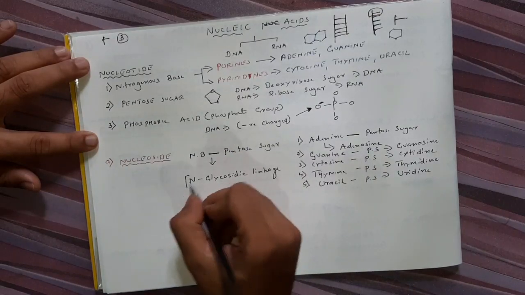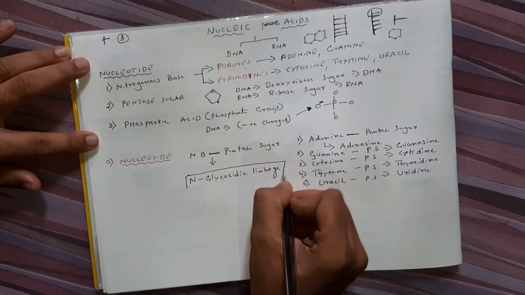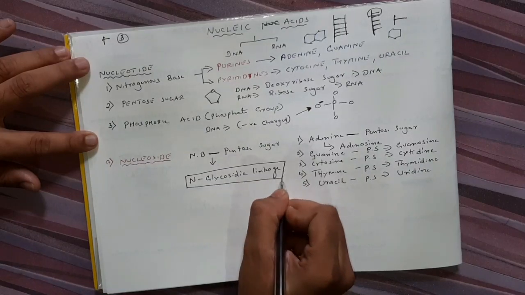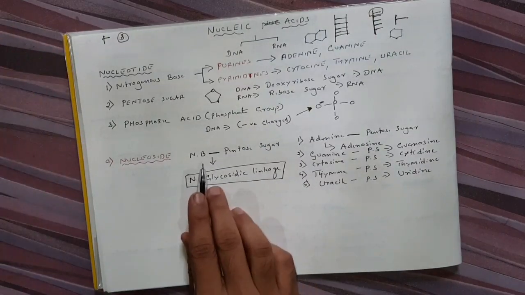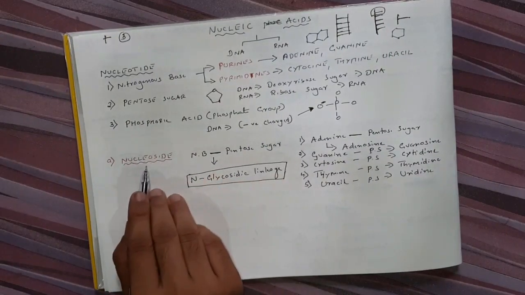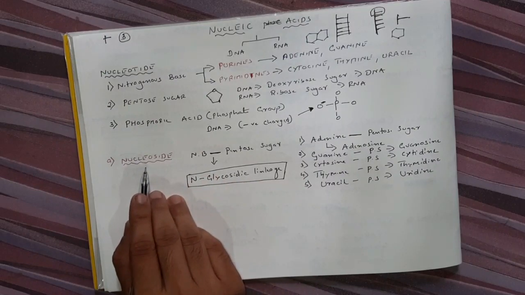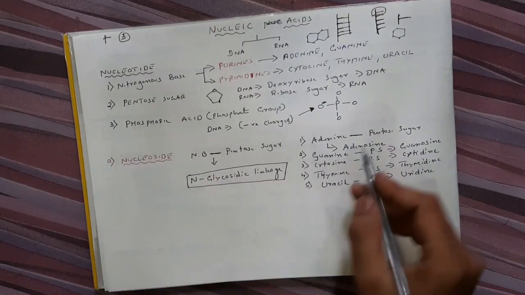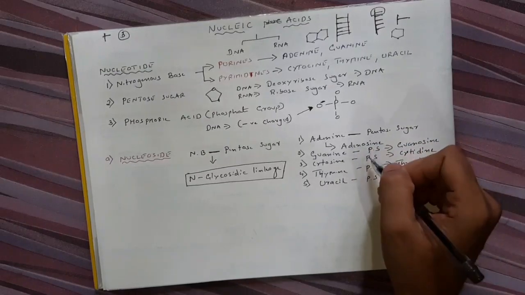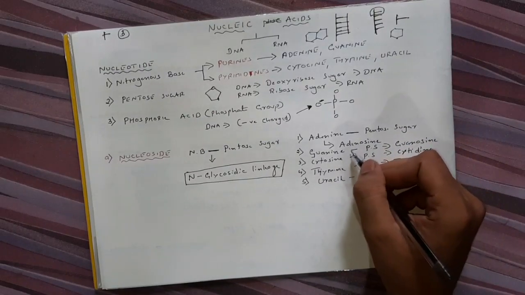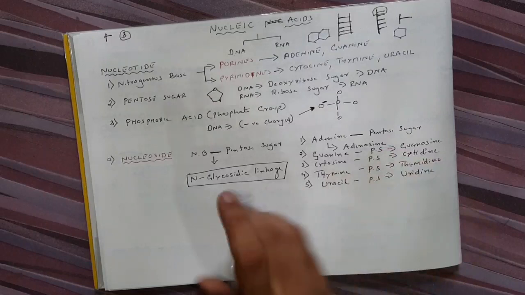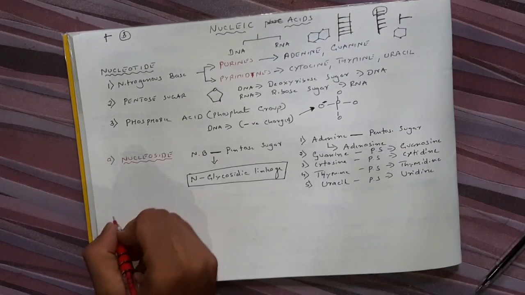Okay, so please note this point, very important for your competitive exams. What is the bond present between a nitrogenous base and a pentose sugar? Or the question could be directly, name the bond in a nucleoside: N-glycosidic linkage. Here, all the nucleosides you see have a linkage called the N-glycosidic linkage. Got it? Okay, so we go to the next part.